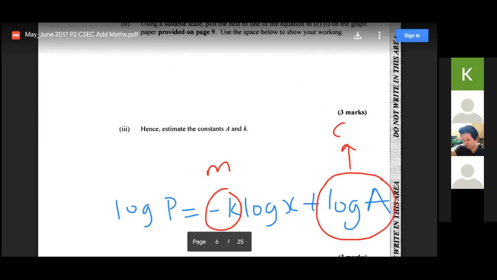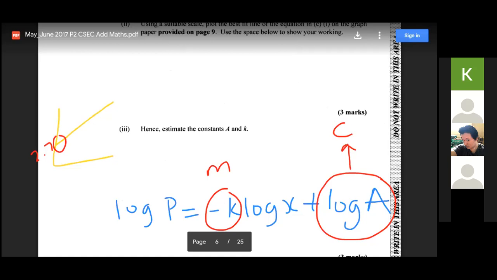This is C, my y-intercept, which is log of A. So say I sketch my graph, graph looking nice and all that, and I get this to be 2.7. That's my y-intercept, right? The y-intercept is wherever the line cuts the y-axis, so it'll be that point there, and say we got that value to be 2.7.